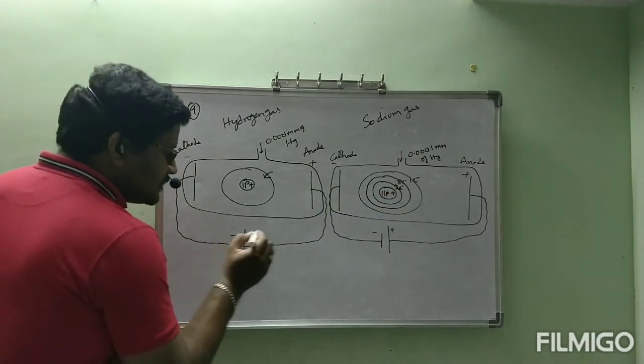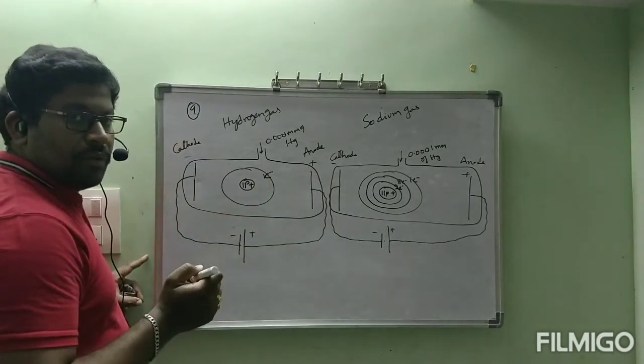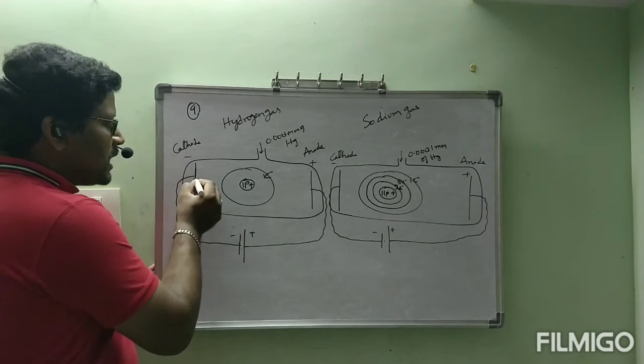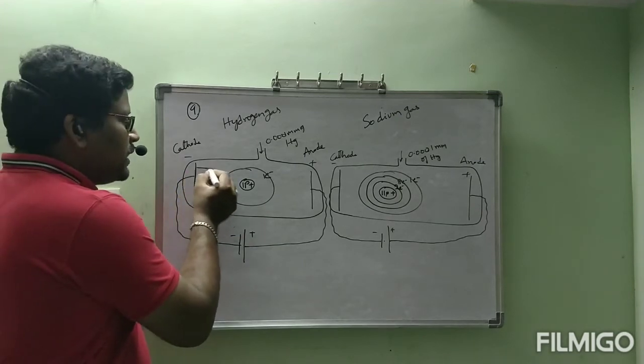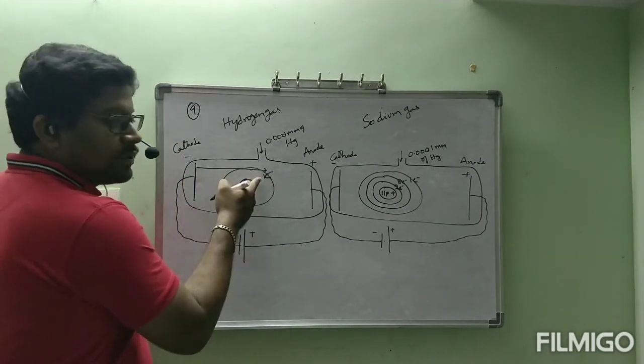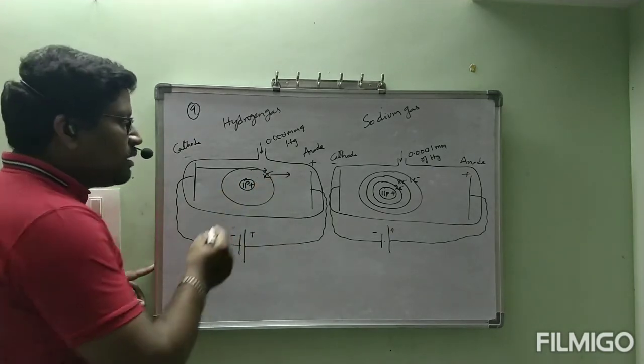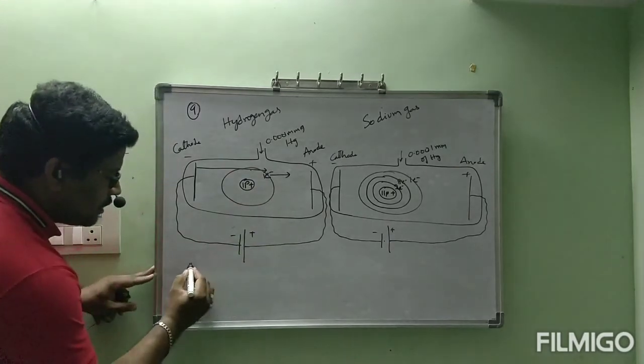Now if you switch on the battery, what is going to happen? This electrical energy is transferred to the cathode and hits the electron, one electron. By that, one electron comes out from one hydrogen atom.